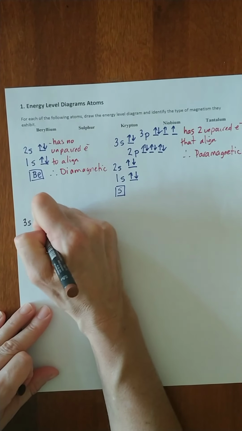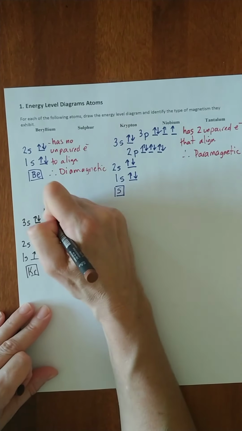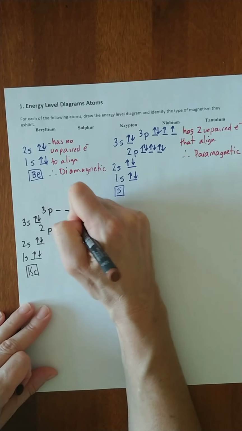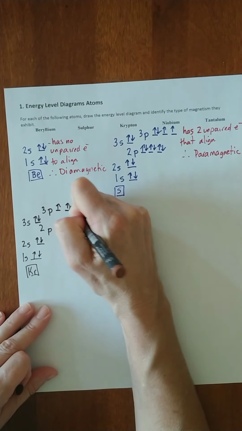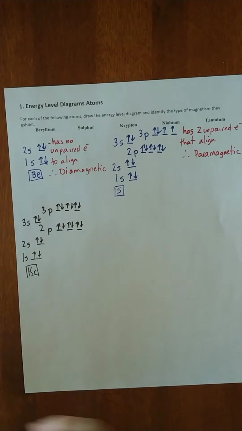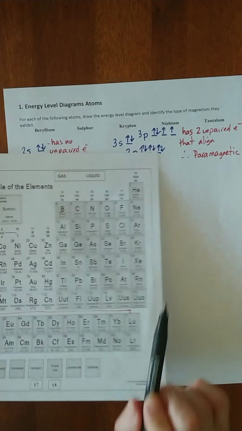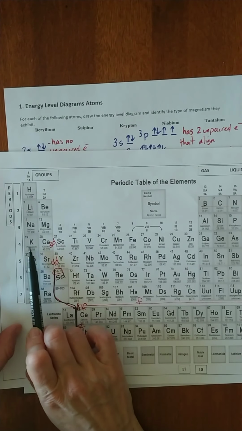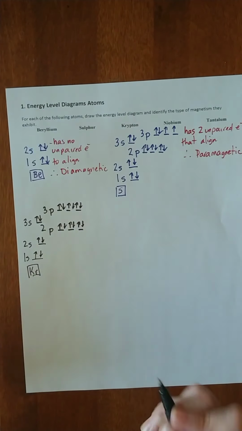So that's a 3s with 2, and then a 3p, all full. So singles, and then pair up. So now we're at argon.